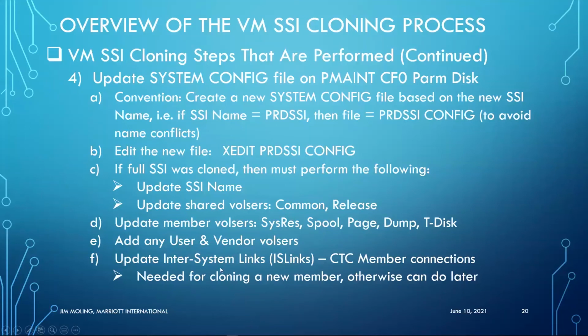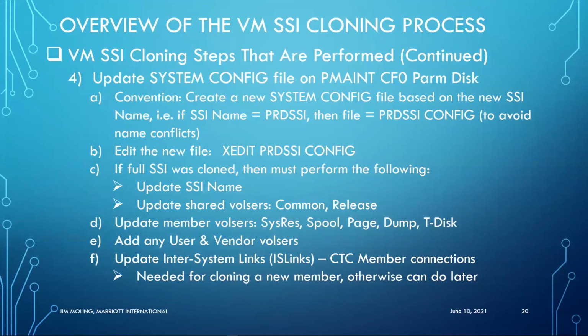And I'm not going to go into this in any depth here, but another consideration for the system config is the inter-system links, or ISLinks. These are CTC, which is channel-to-channel connections, which is the way that members of an SSI cluster talk to each other. Now, if you just have a one member SSI cluster, you don't have to worry about talking to anybody.